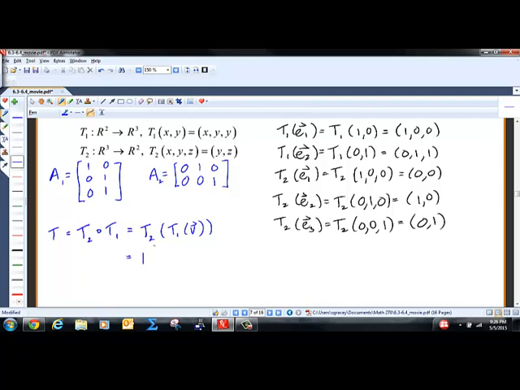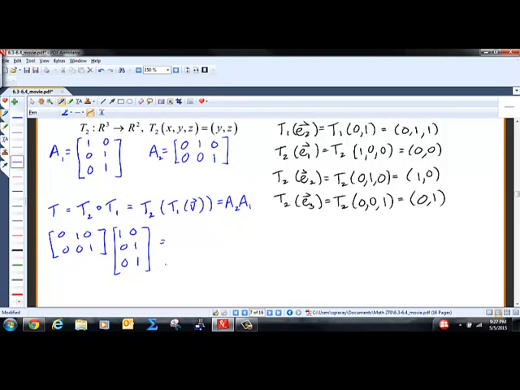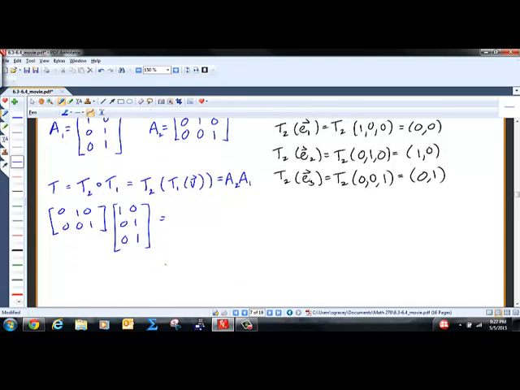We learned that this is A2 times A1. Are we good? So we'll have A2, (0, 1, 0) and (0, 0, 1) going across, times A1. So we have a 2 by 3 multiplied by a 3 by 2. We're going to get out a 2 by 2.